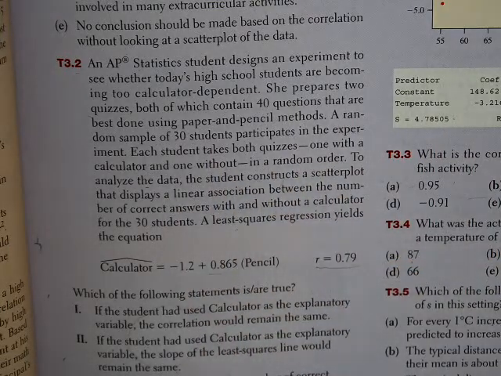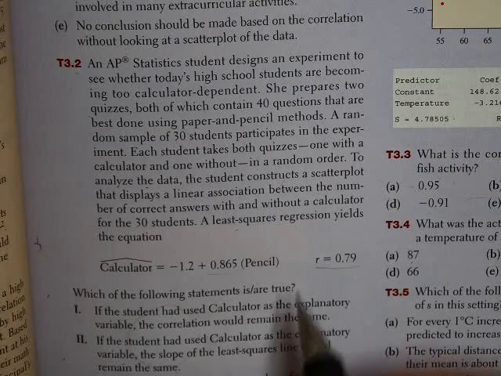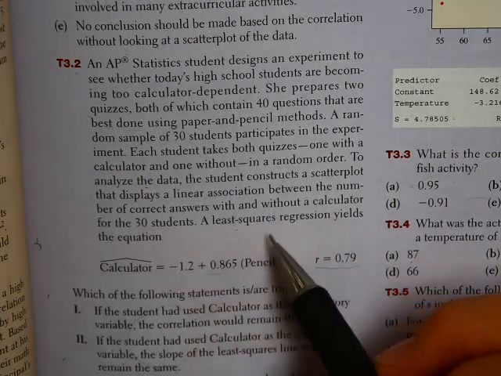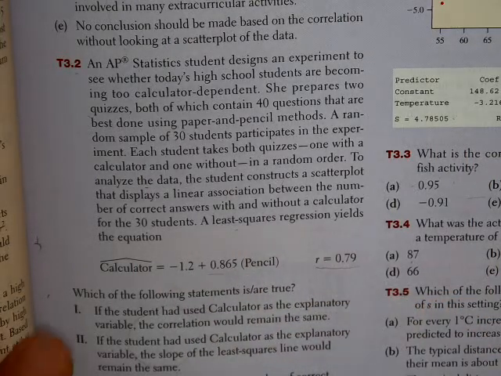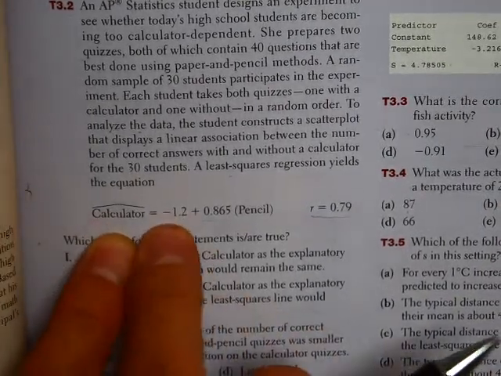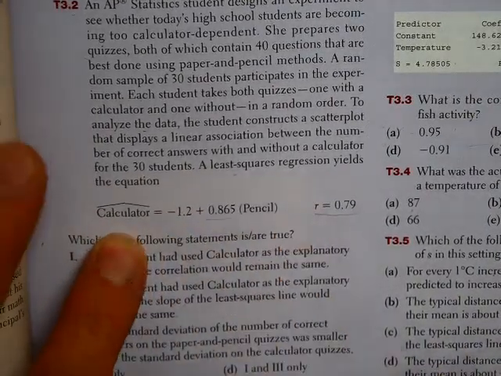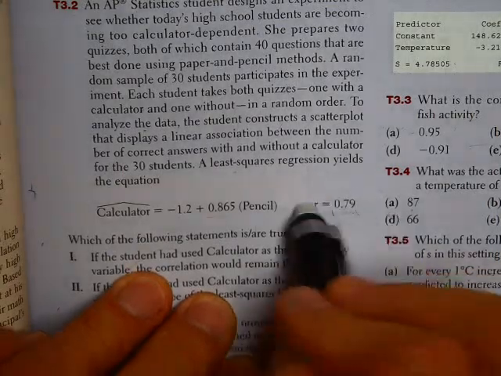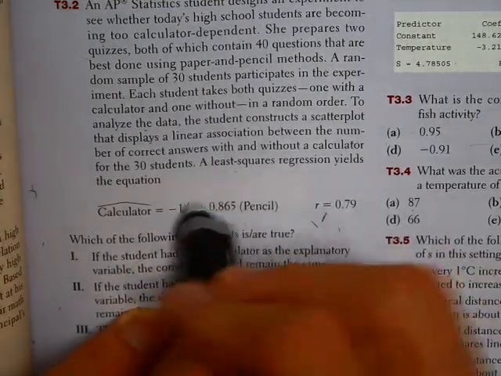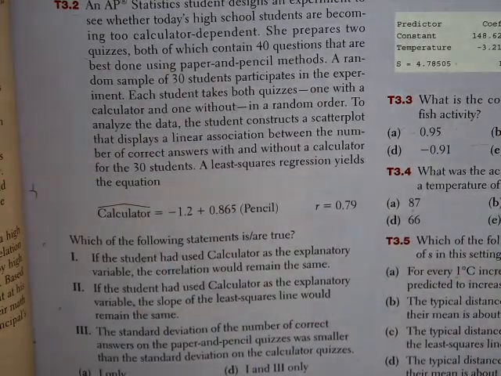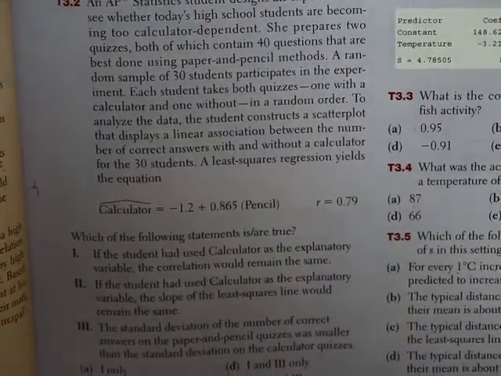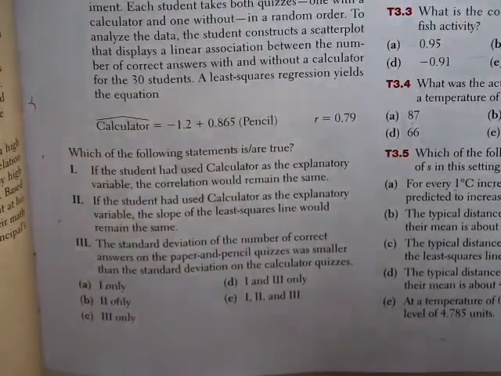To analyze the data, the students construct a scatter plot that displays the linear association between the number of correct answers with and without a calculator for the 30 students. A least squares regression yields the equation given here. Now, this r equals 0.79 that somebody underlined is probably something we're going to need. So which of the following statements is true?